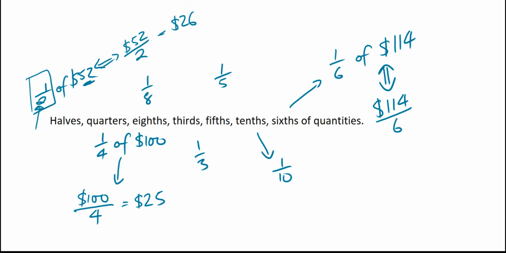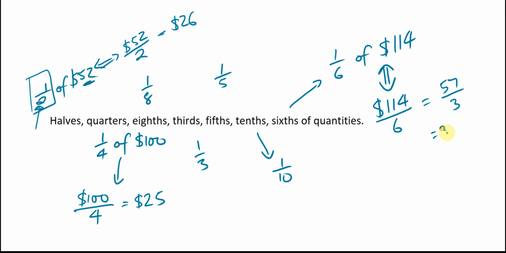So 1/6 of $114, and from your work with numeracy strategies, we can just simplify this amount here. So I could halve both of those, so we'd get 57 over 3, 57 divided by 3, and then work out what is 57 divided by 3.